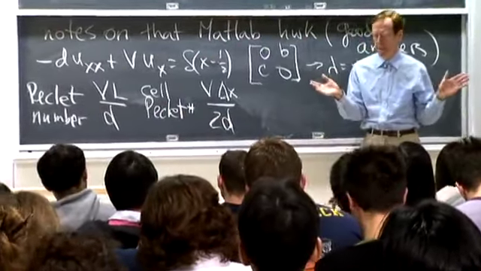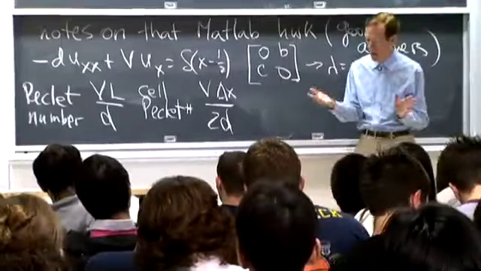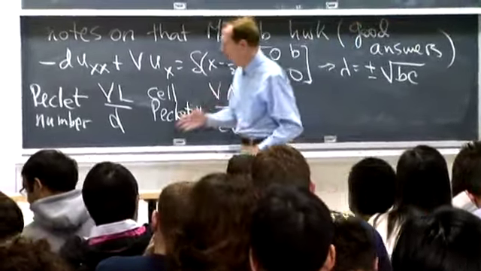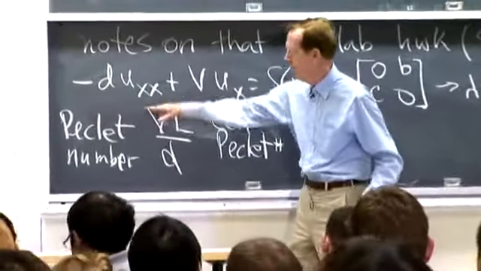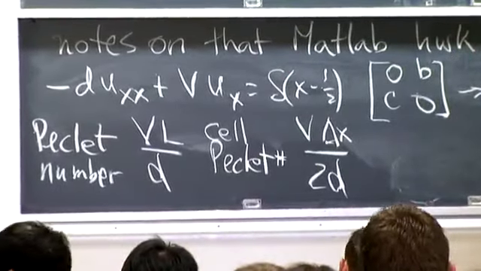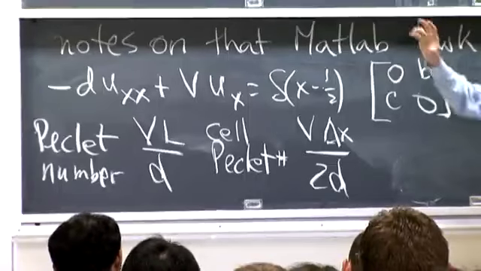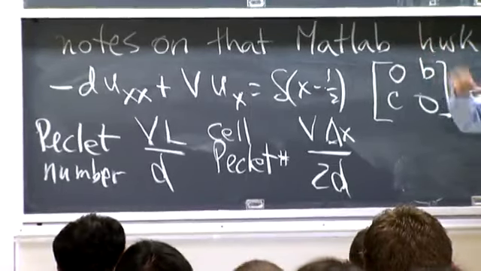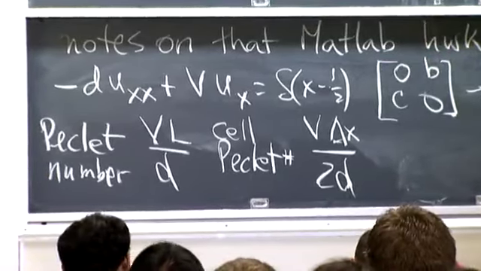And always there's some non-dimensional number. Here it's called the Peclet number. Actually, there's an accent on one of those E's. Peclet number measures the importance of convection relative to diffusion.